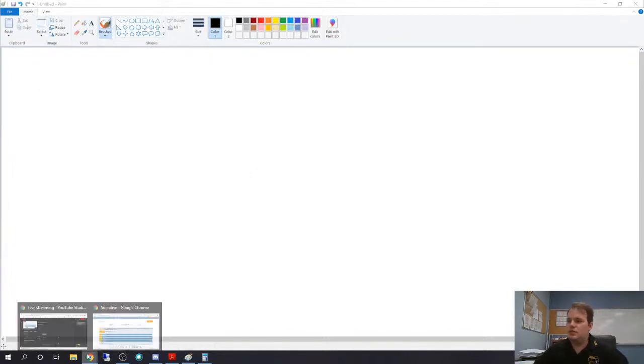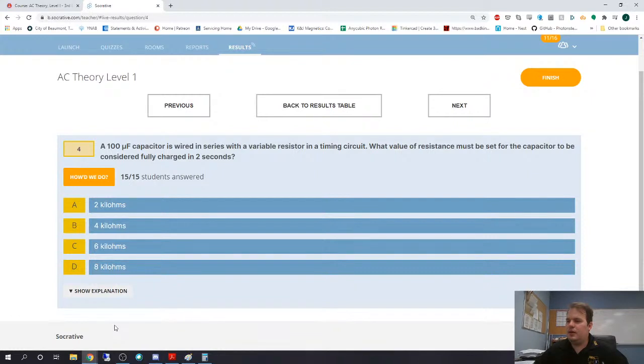Paint. All right. A 100 microfarad capacitor is wired in series with a variable resistor and a timing circuit. What value of resistance must be set for the capacitor to be considered fully charged in 2 seconds?